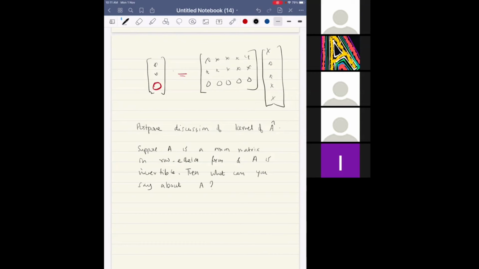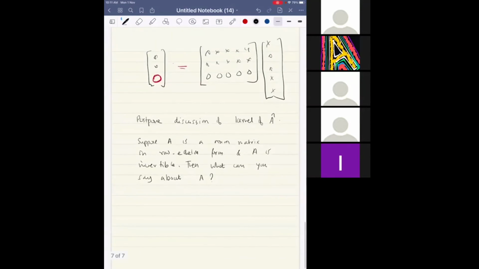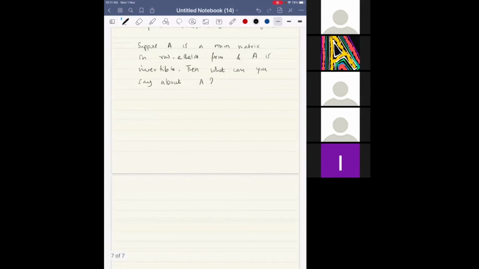Given today's experience and the definition of row echelon, you should be able to at least conjecture the answer. And in fact, I may have even said the answer in an earlier class. But just think in terms of what we learned today and what you know about row echelon matrices.